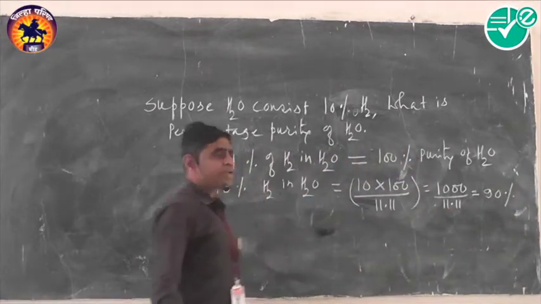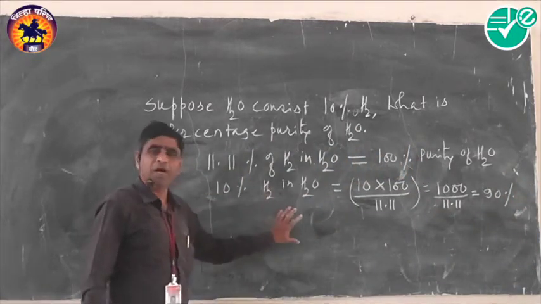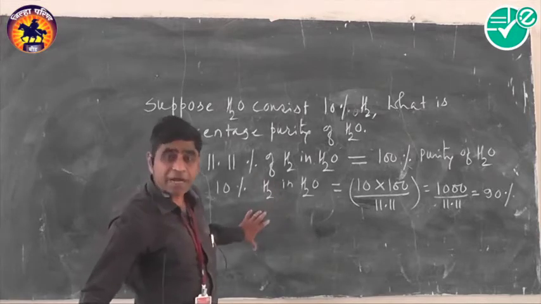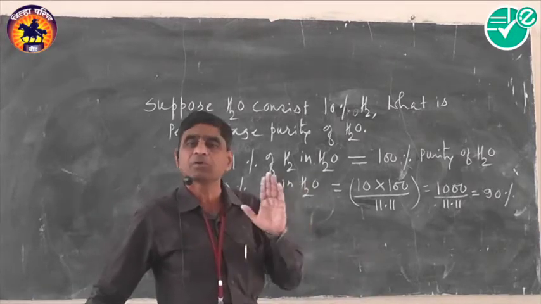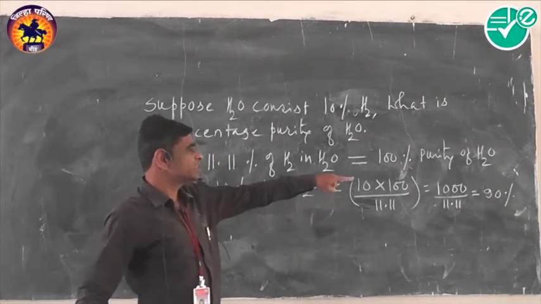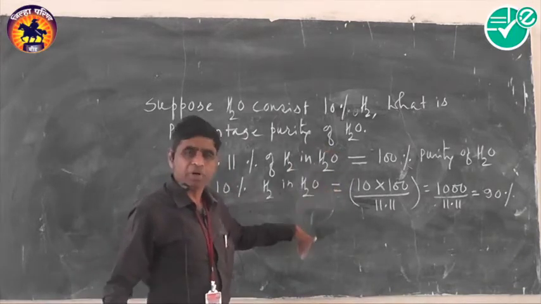It indicates that if a given sample of water consists 10% hydrogen, then that sample of water is not 100% pure, it is only 90% pure.